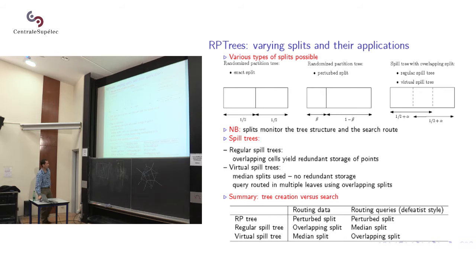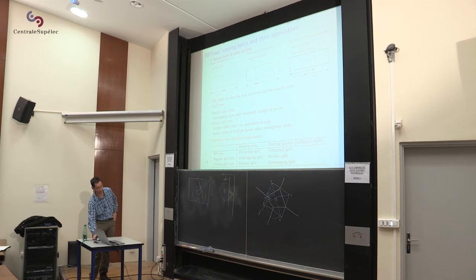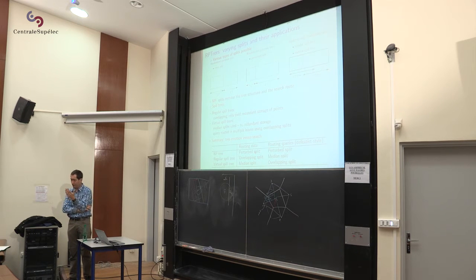From this discussion, let me recap by saying that we'll be analyzing three types of trees. First, the random projection trees, where we have a perturbed split like this one, without any redundancy in the storage, and when routing a query using the defeatist search, we descend down the tree once.